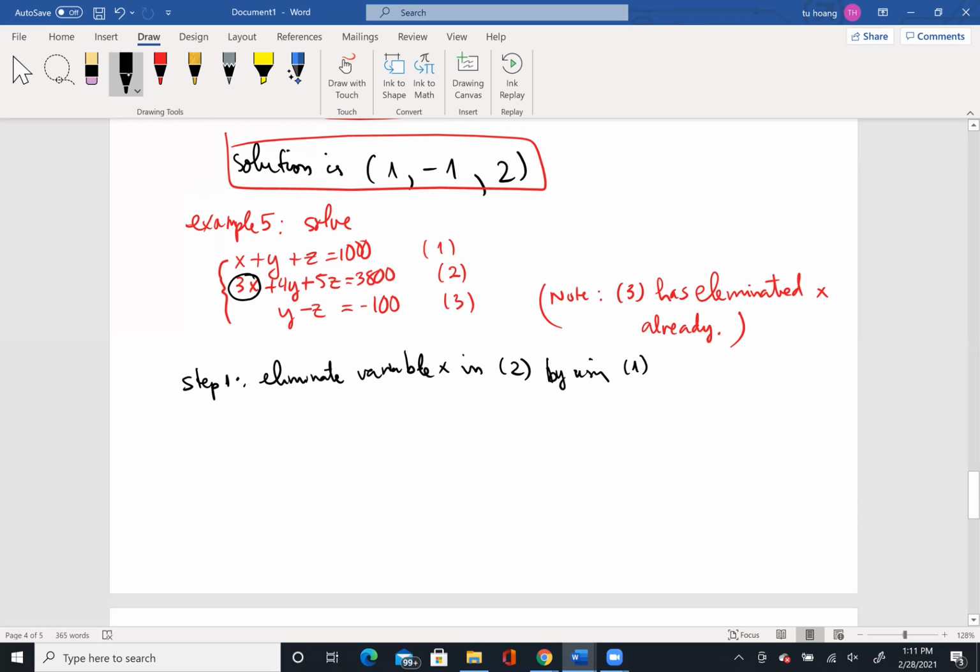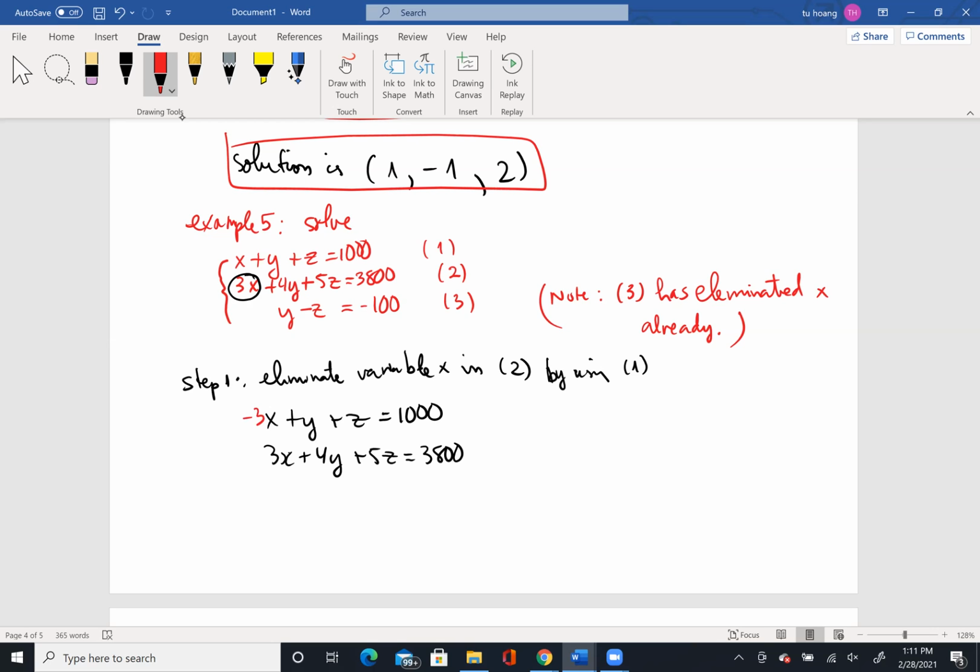So I have equation 1 was x plus y plus z equal to 1000. And 2 was 3x plus 4y plus 5z equal to 3800. So what I need is a -3 over here, right?